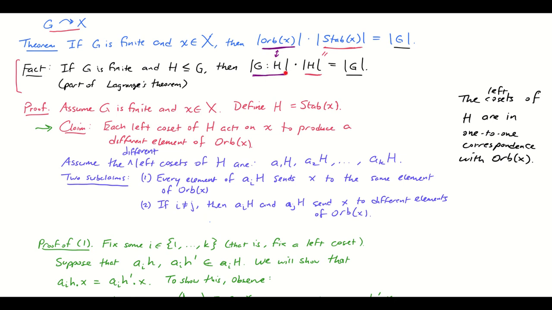And because the product of the index and the subgroup order is the group order, that means that the product of the order of the orbit and the order of the stabilizer has to be the order of the group. That's just a wonderful finding.